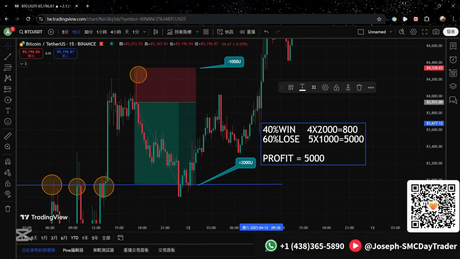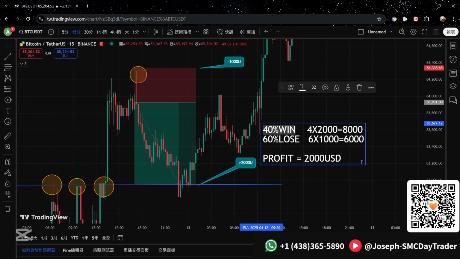We'll make 8,000 here and lose 6,000 here, and the total profit will be 2,000 USD. That's very important, because normally people cannot reach over a 50% win rate. If you are very professional, 50%, 60% is possible, but for most users, I think 40% is a more reliable win rate in long-term trading.